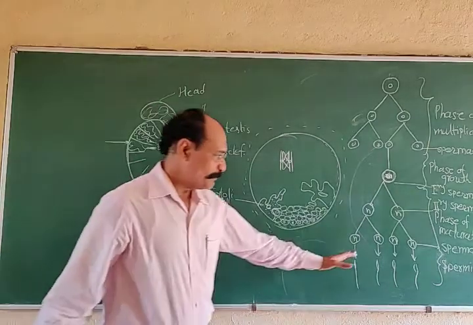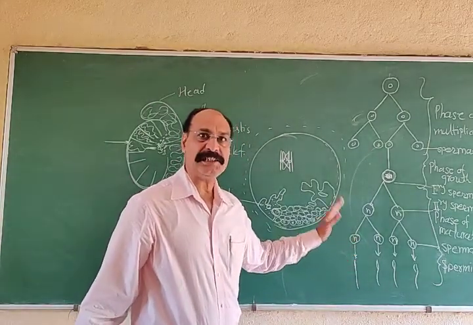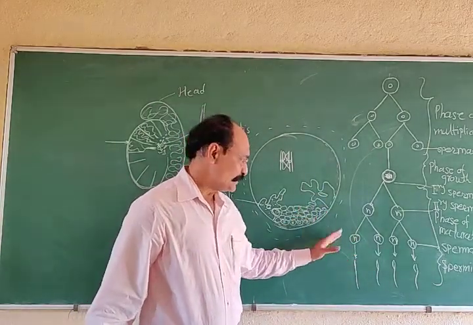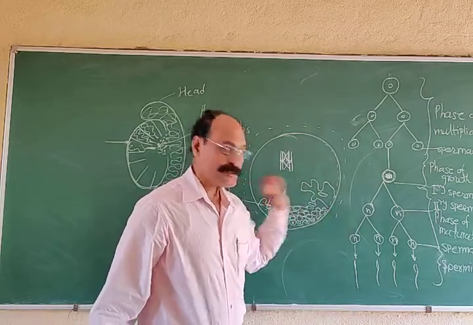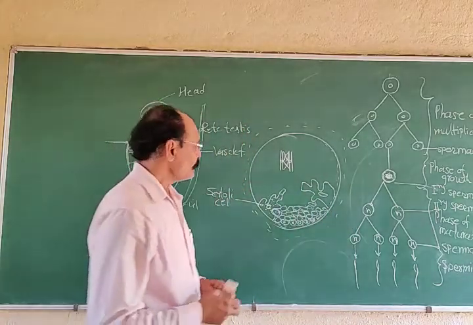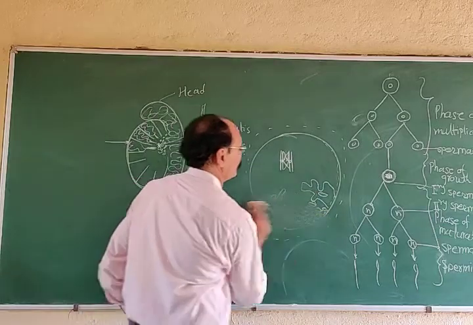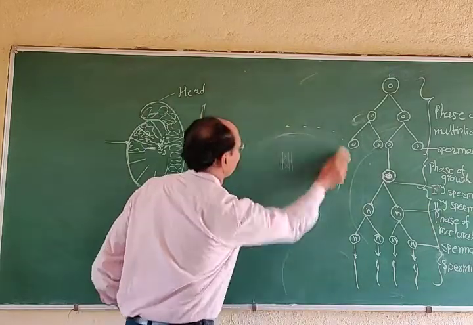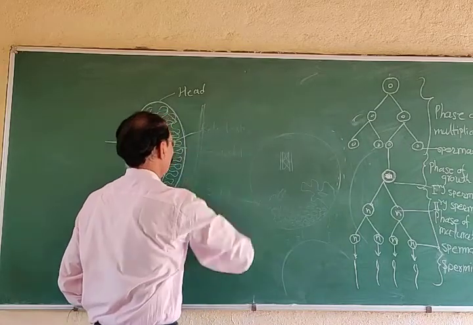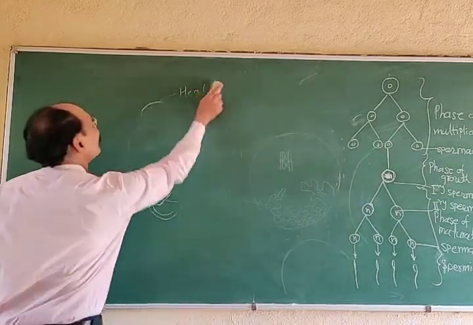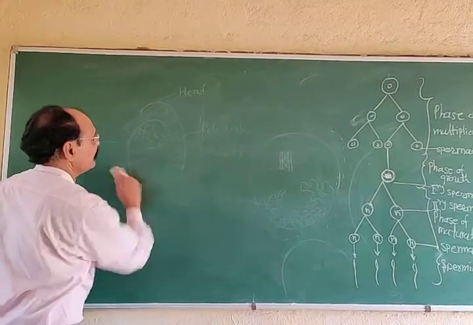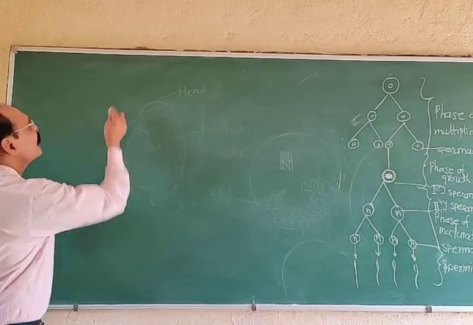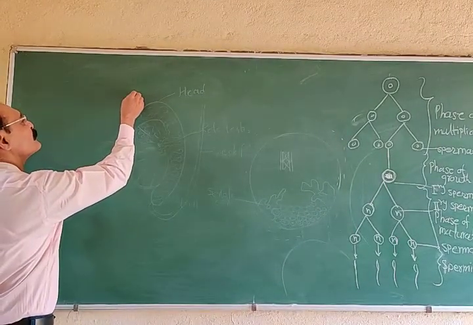Spermiogenesis is a special type of change which takes place in the spermatid to become an active sperm. Here we can see the cell, the spermatid.